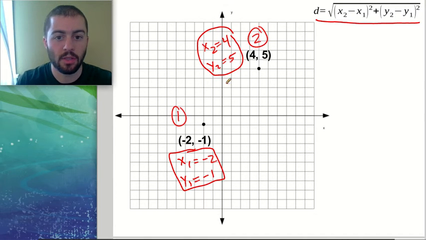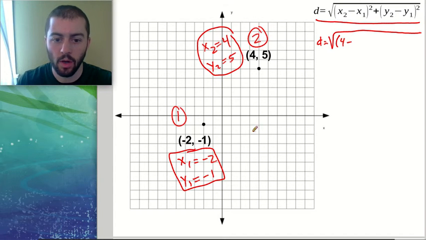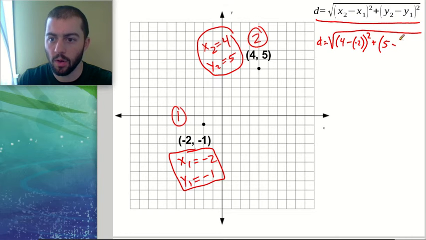So when we go to solve this, we're going to just plug our numbers straight in. We have distance equals square root. Our x2 is 4 and our x1 is negative 2. That's squared, plus we have our y2 is 5 minus our y1, which is negative 1.